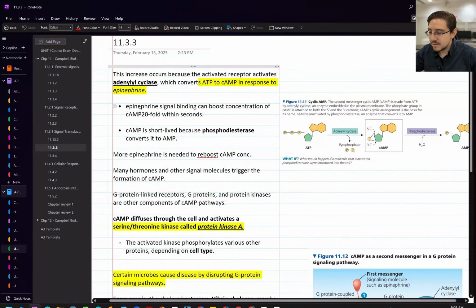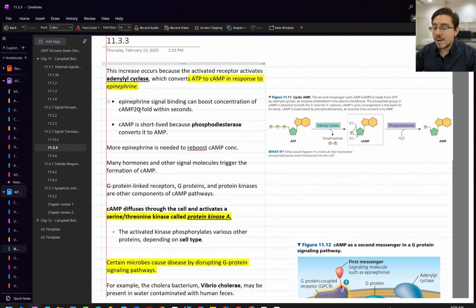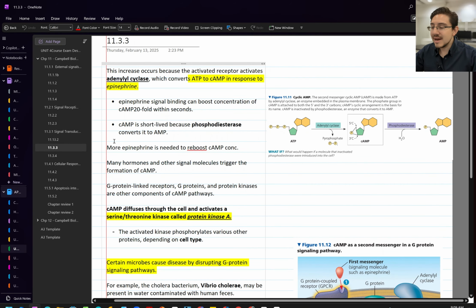All right, so whenever you have this kind of activation from epinephrine being the ligand into a receptor, what happens is that you get an activation of a particular enzyme called adenylyl cyclase.